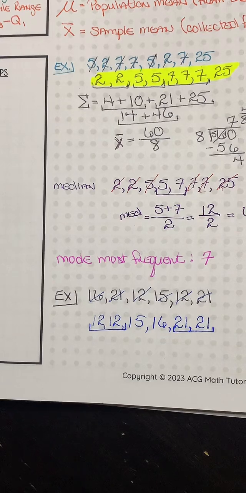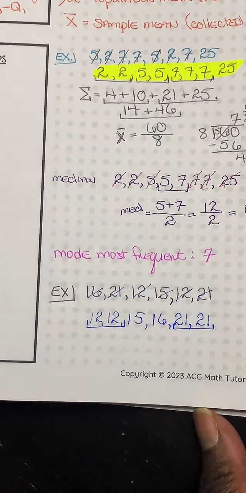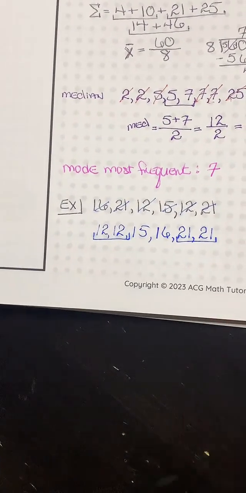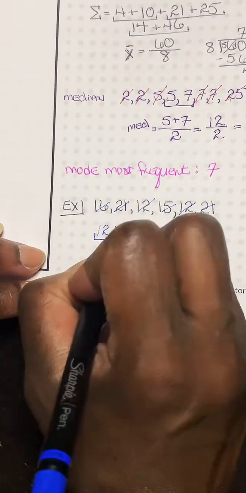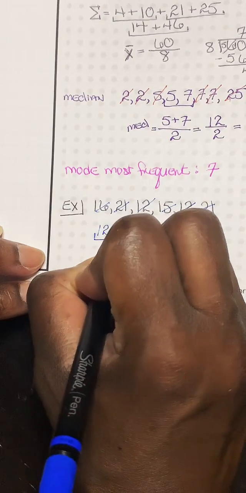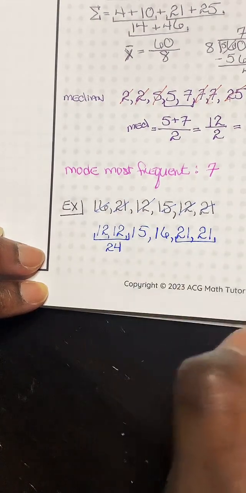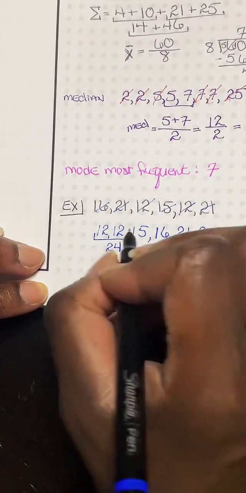Oh, you didn't see the 15? Okay. So 12 plus 12, that gives me 24. And if you want, you can do 15 and 16. So that gives me what, 31?